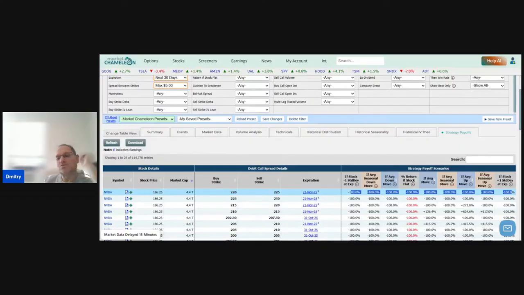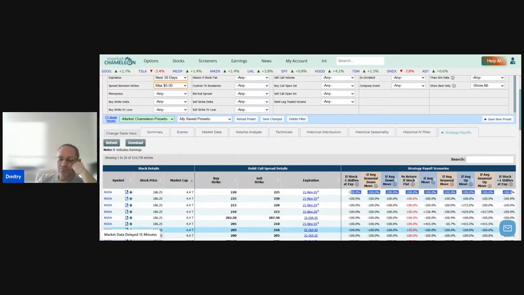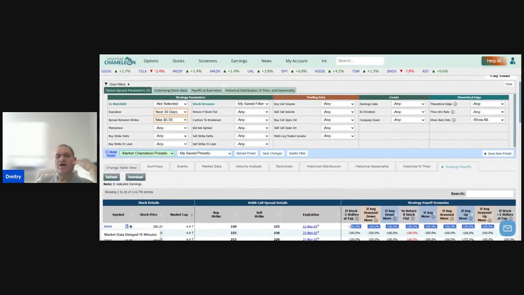But let's say we wanted to filter for a scenario where the stock moves up 1 standard deviation from now to expiration, because we might be bullish on the market, maybe we have this outlook and we're looking for a certain minimal return. So let's do that.